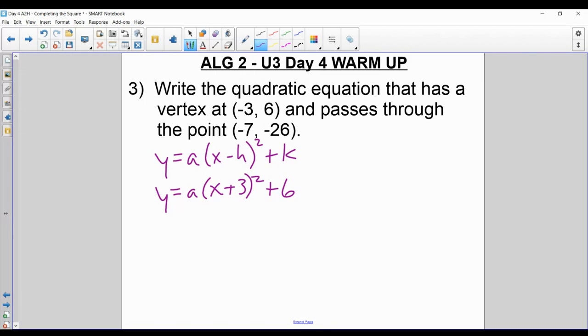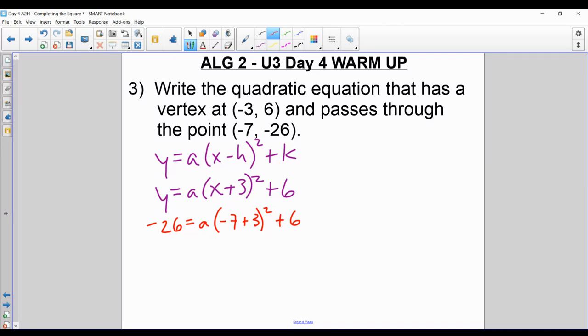So that's an x and a y value that make this true. So I'm going to plug in -26 for y and -7 for x. And I am going to figure out what the a value is, because there are obviously a million different equations that could go through that one vertex.